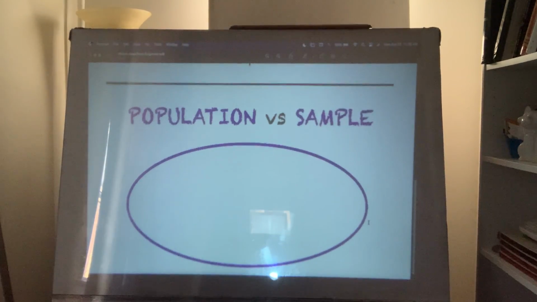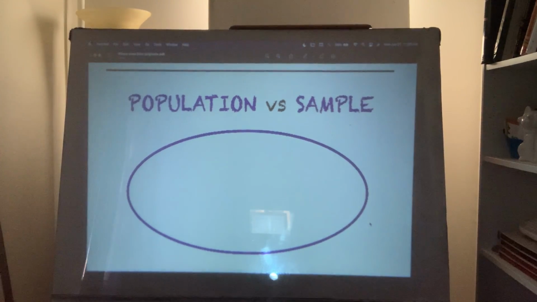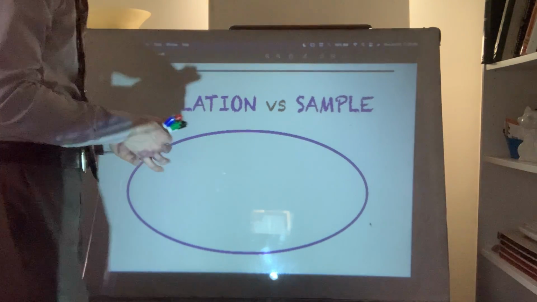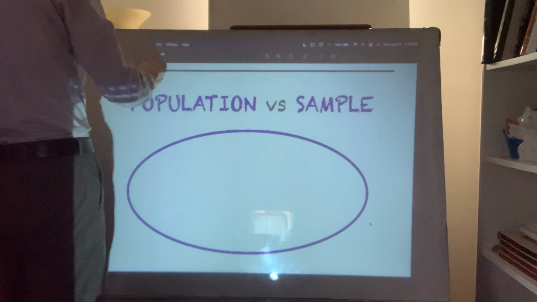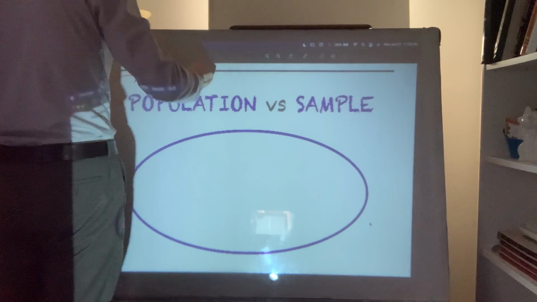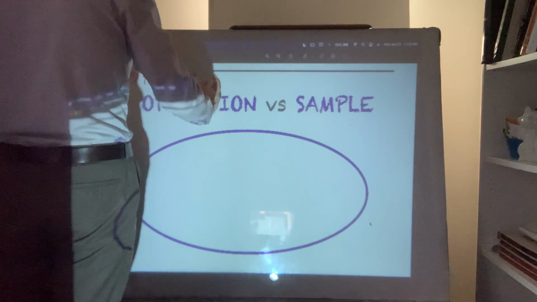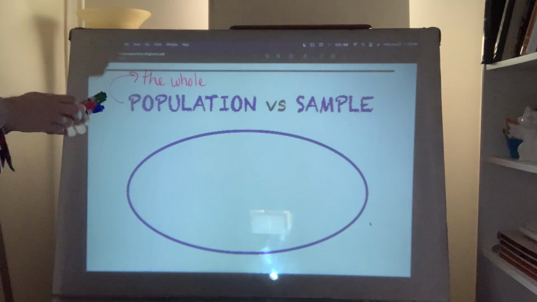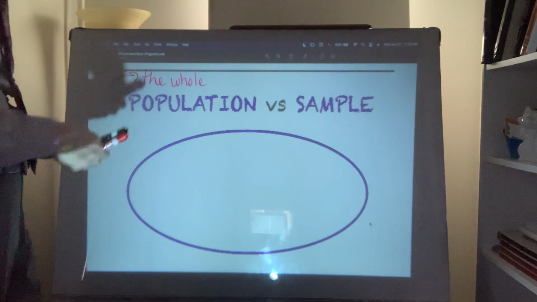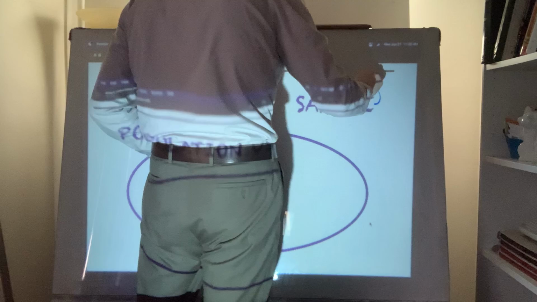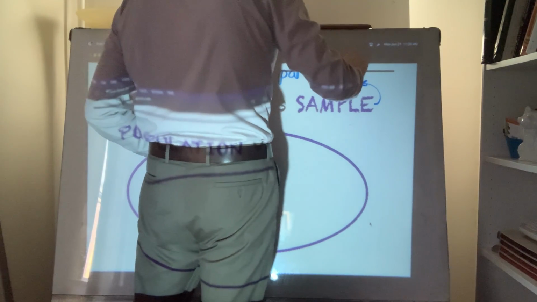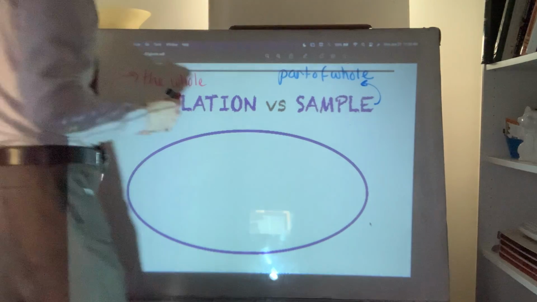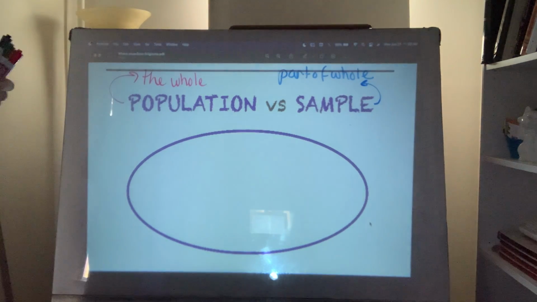Now there's this concept. There's population and then there's sample. This will be especially important later. Think of population as basically being the whole group, and think of a sample as being basically part. It is generally not the whole thing, right?